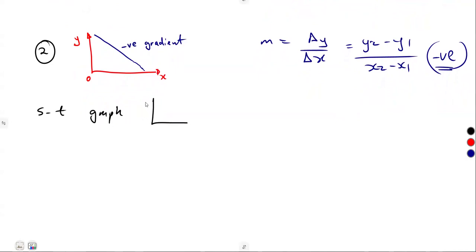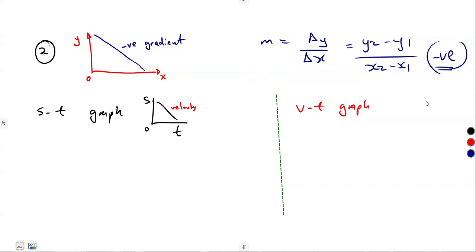So for our displacement time graph, remember, this is all about the velocity. The gradient concept represents velocity, like I said before. Then we are also going to have the same thing on the velocity time graph.